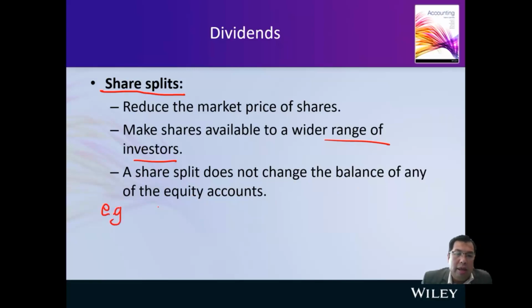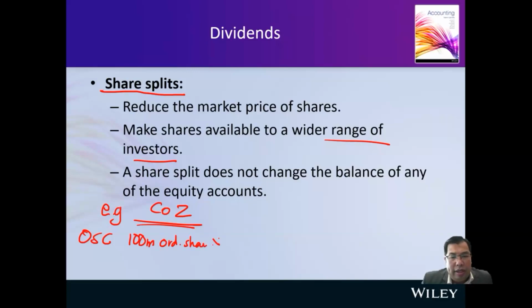Example, this company Z has ordinary share capital of, maybe 1 million shares is small, yeah, 100 million ordinary shares.